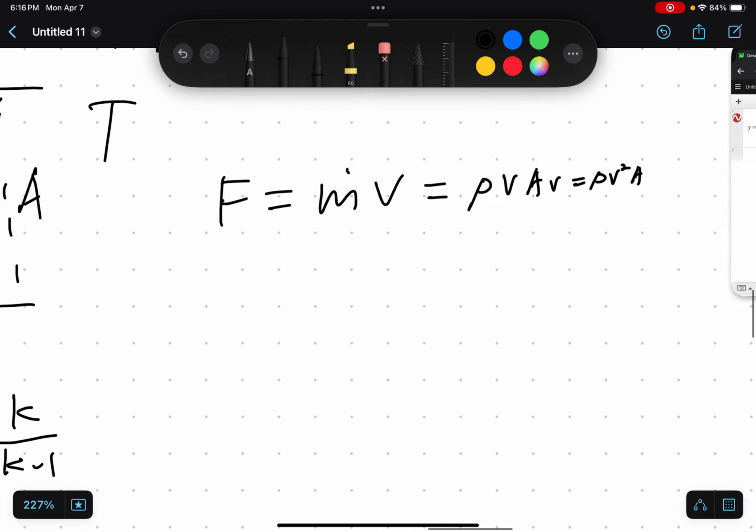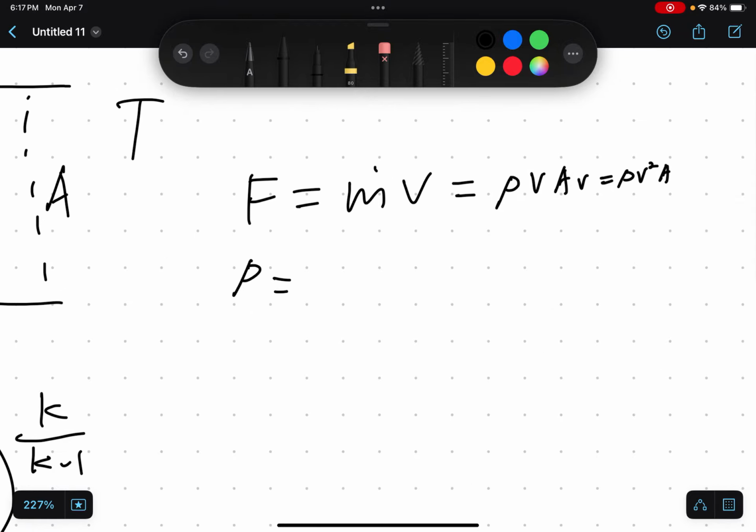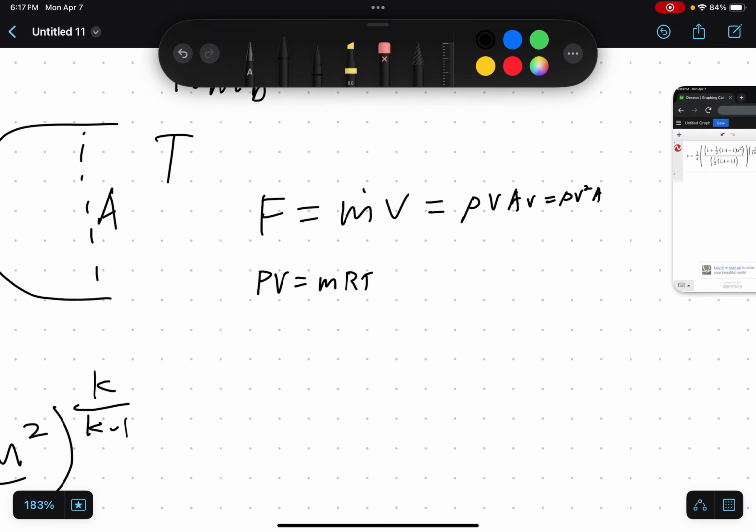Okay, well, how do you get the density? I'll back up a step. You have that equation, I forgot what it's called, but you could rearrange it and get M over V is pressure over R times temperature.